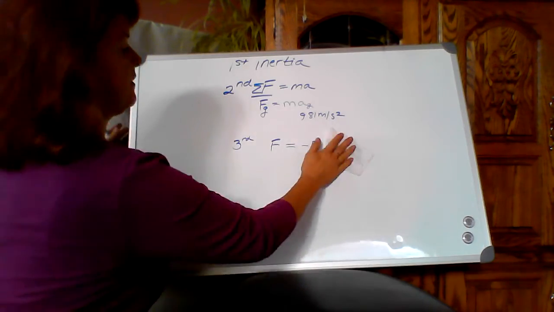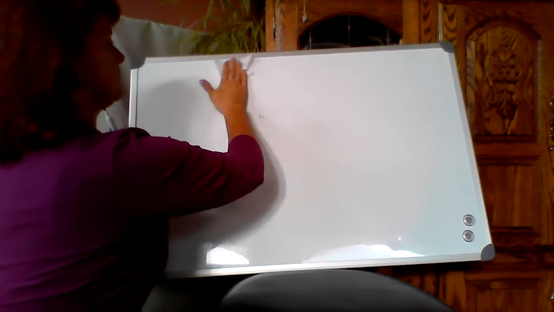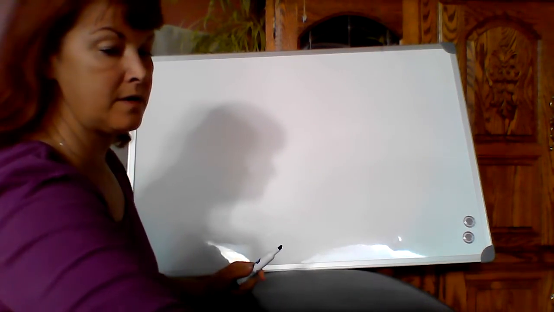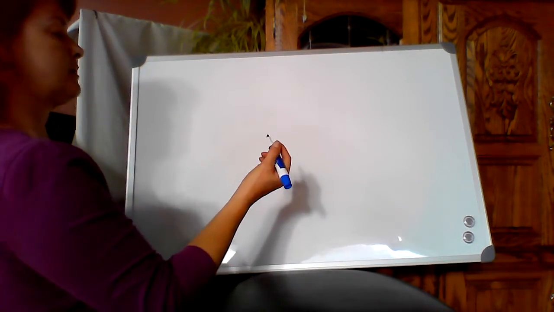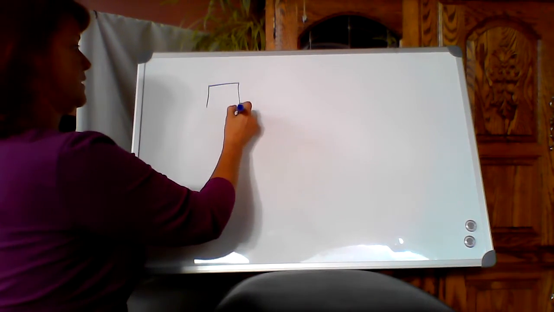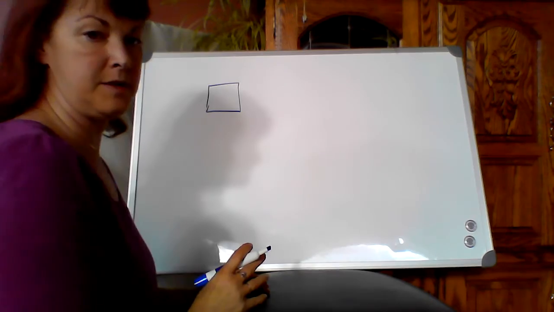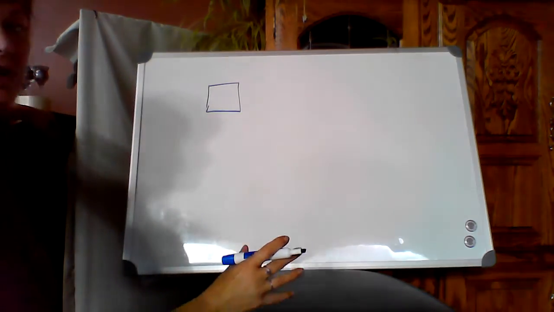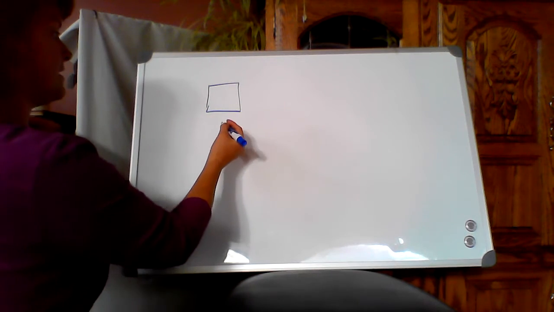So when we deal with Newton's law problems and formulas, we're always going to start with an object. So we'll draw our square to indicate our object. Any kind of object that we have, we're going to use our square for it. And we're going to try to identify all the forces acting on it.